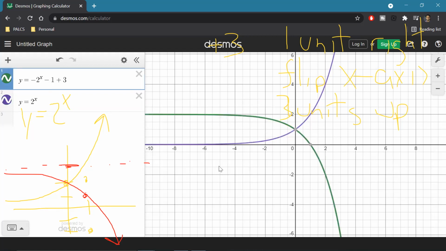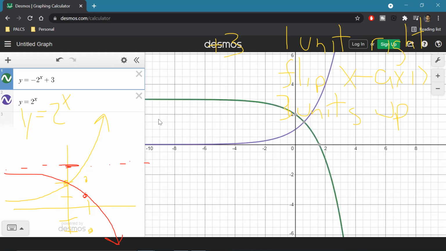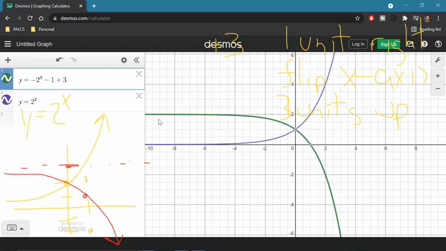Okay. It moves it 1 unit to the right, flips it over, and then 3 units up. It takes the y-intercept point, moves it 1 unit to the right, flips it over, and then 3 units up from there.